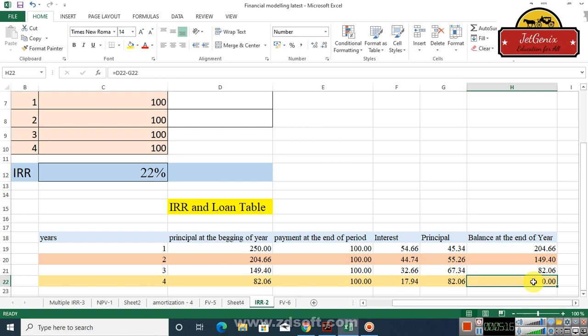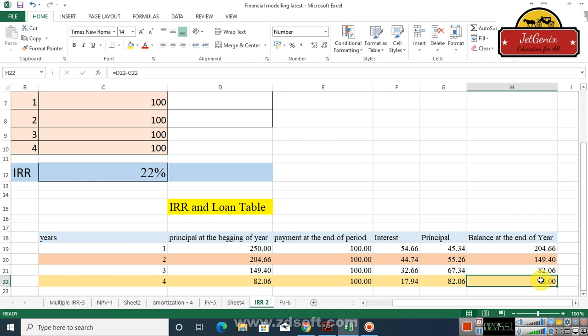If the ending balance is 0, it shows that your internal rate of return of 22% is absolutely right. If it wasn't right, you would have something here in plus or minus, but it would not be equal to 0 if you had calculated the wrong IRR. And if this balance here is 0, it shows that the IRR calculation is totally right and correct.